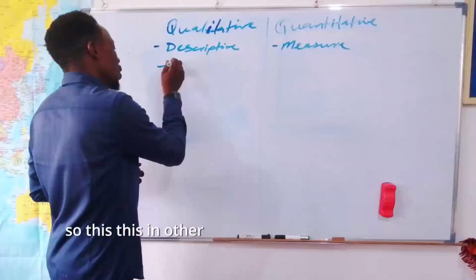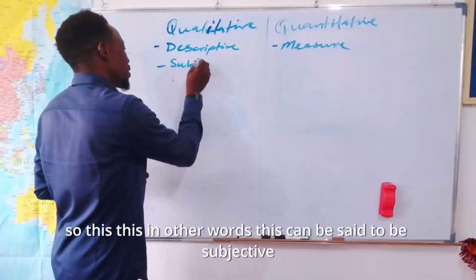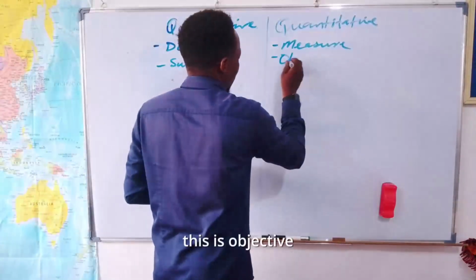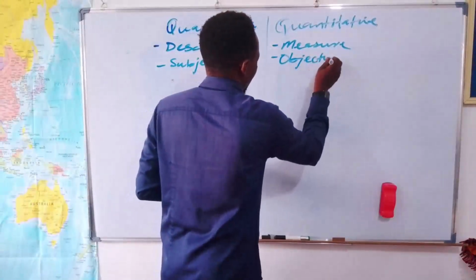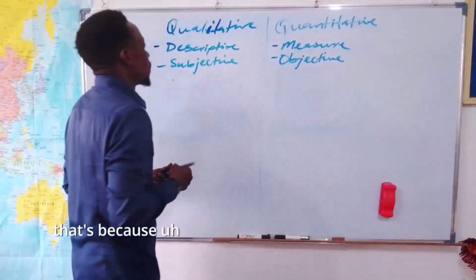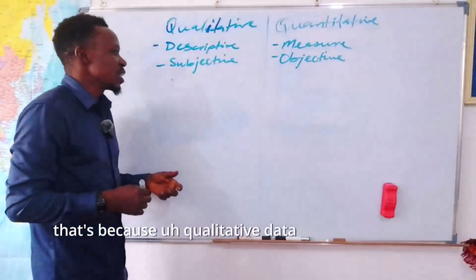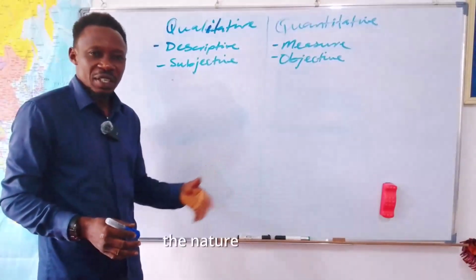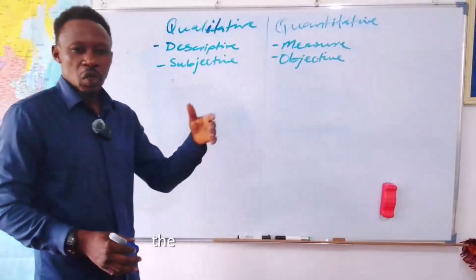So in other words, this can be said to be subjective. This is objective. That's because qualitative data just tells you the kind, the nature, the shape, the groupings.